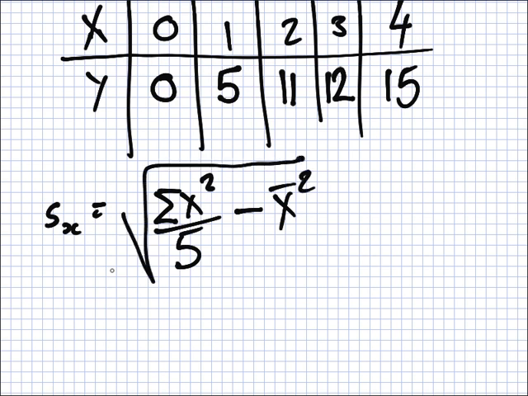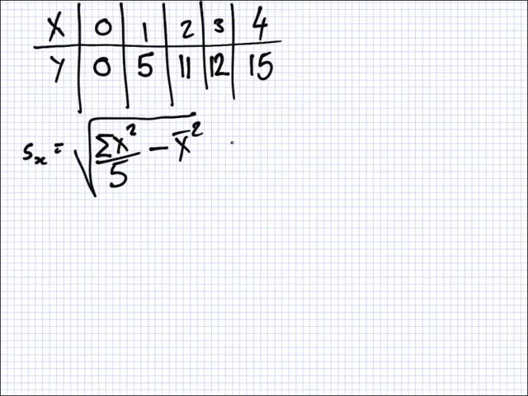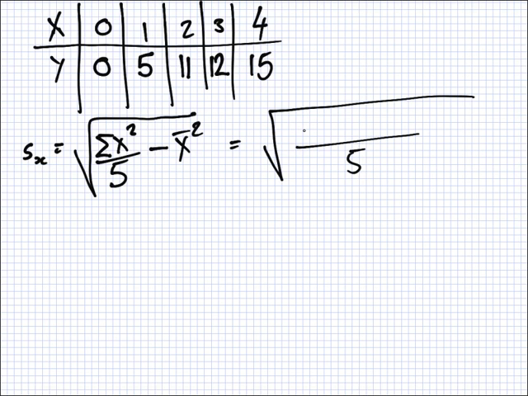So let's calculate that. The first one over 5 will be 1 plus 4 plus 9 plus 16, and then minus this squared over 5.